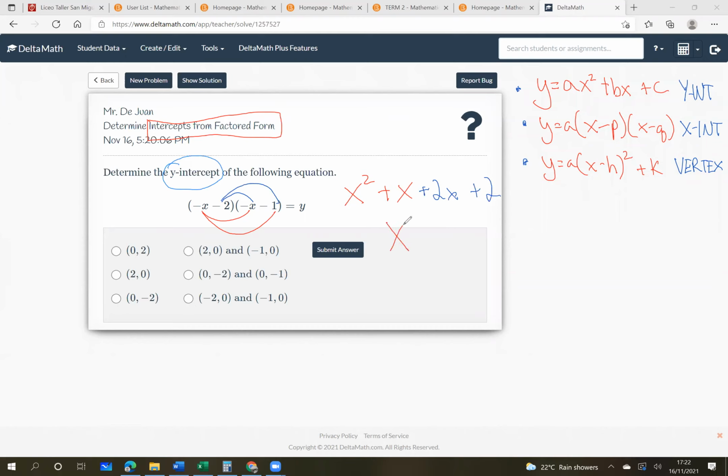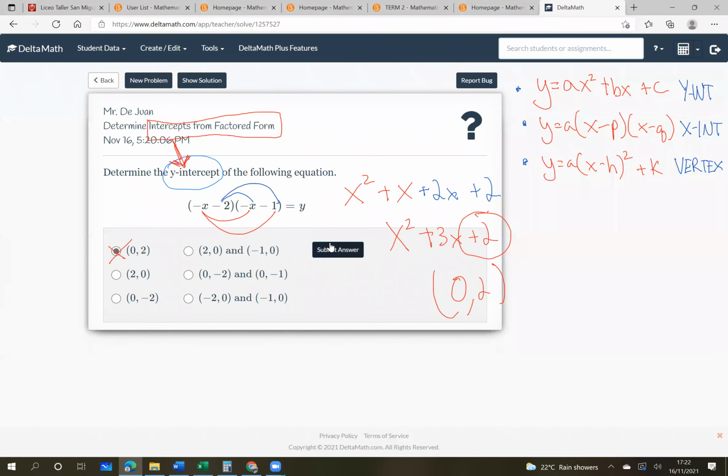Now combine like terms: x squared plus 3x plus 2. What do we see here? We have a 2, meaning our y-intercept has to be (0, 2).